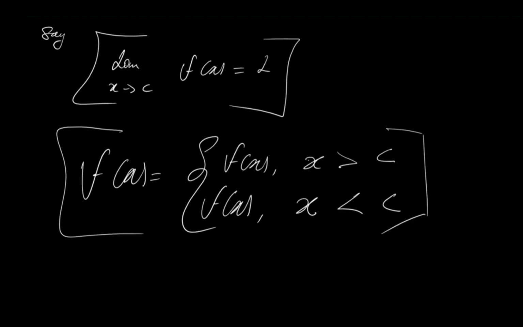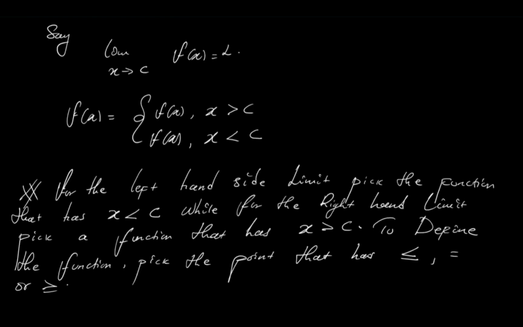Now, there's some pointers you're supposed to know about piecewise functions. So let's get to it. If you're looking at the limit of f of x as x approaches c being equal to L, and you have two conditions, what you have to understand is this. For the left-hand side limit, you have to pick the function that has x being less than c.